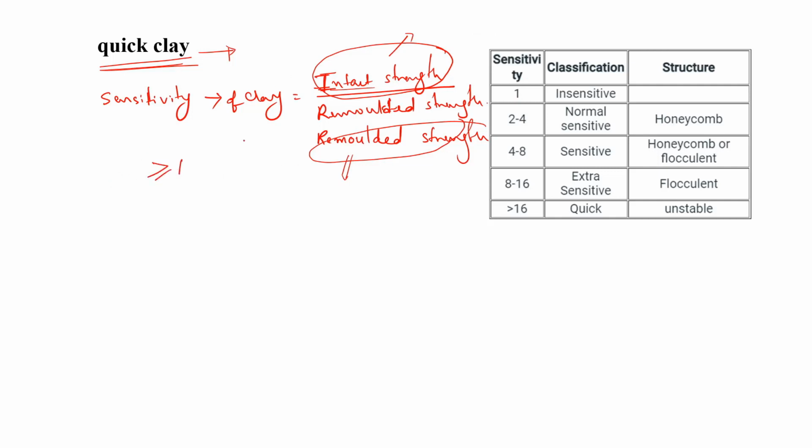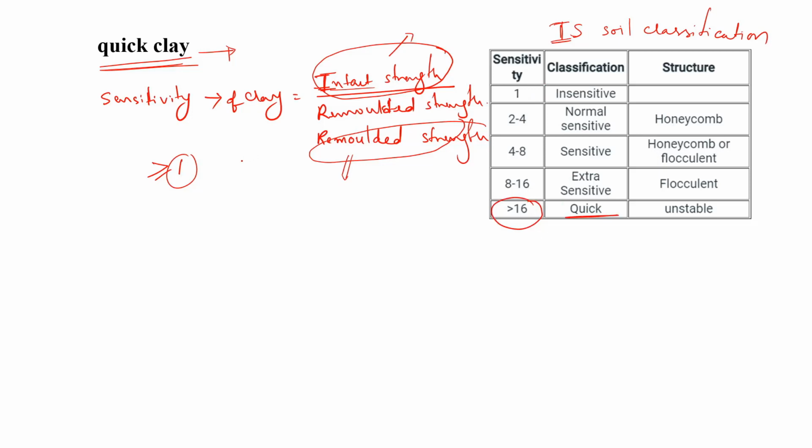Now, according to the range of values of sensitivity, soil is classified according to the Indian Standard Soil Classification. Here we can see that when the sensitivity is greater than 16, those are called quick clays, and the remaining ones are given.